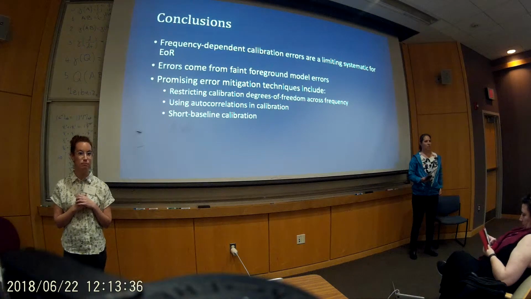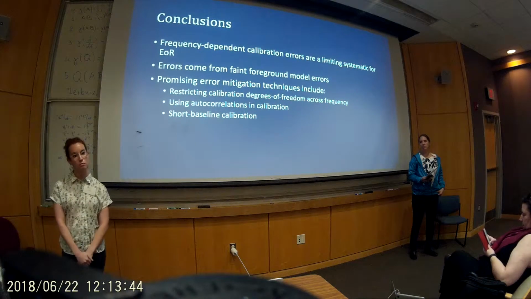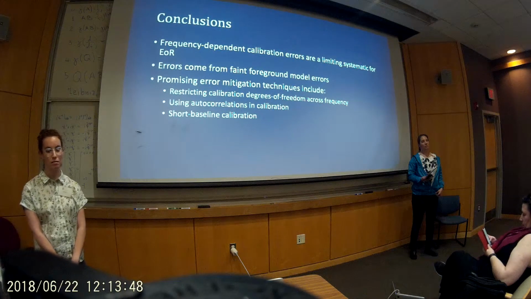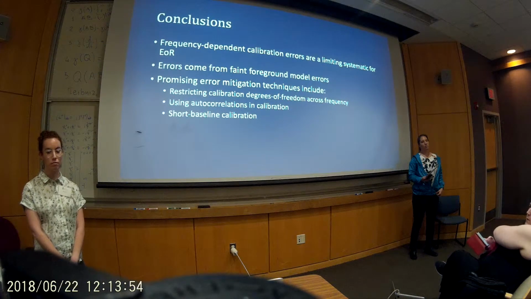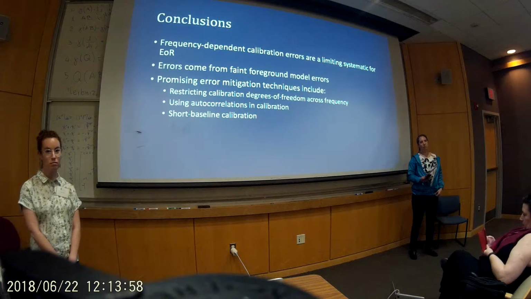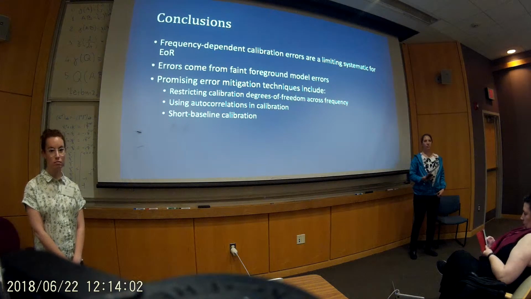A really old-fashioned method of looking at redundant calibration is using UV crossing points. Well, one baseline maps to a particular UV cell and a different baseline of a different length and orientation at some other point maps onto exactly the same UV cell. So it's like non-simultaneous redundancy.